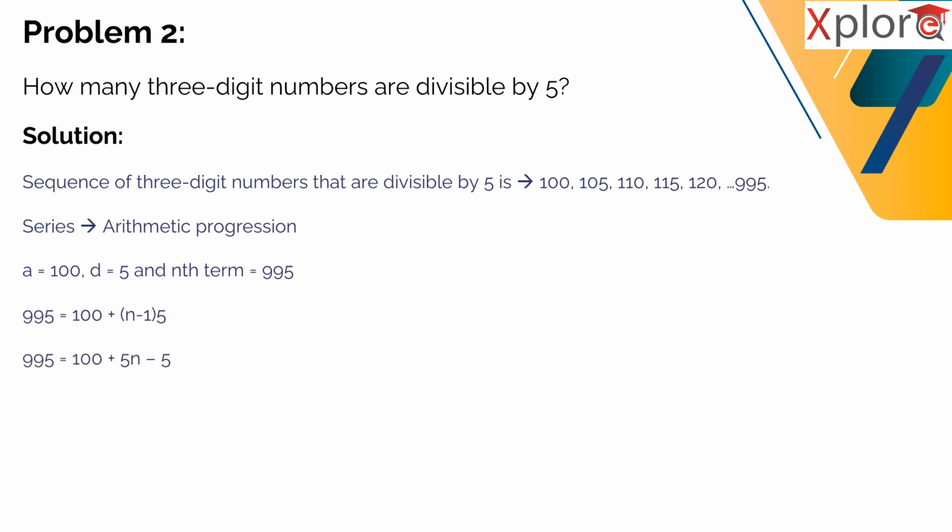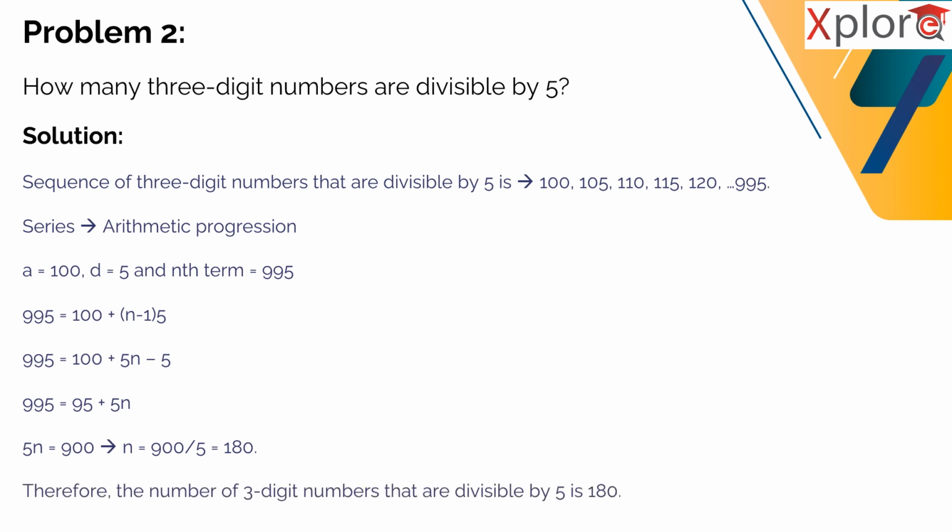So 995 is equal to 100 plus 5n minus 5. Again, 995 is equal to 95 plus 5n. So 5n is equal to 900 and n is equal to 180. Therefore, the number of 3-digit numbers that are divisible by 5 is 180.